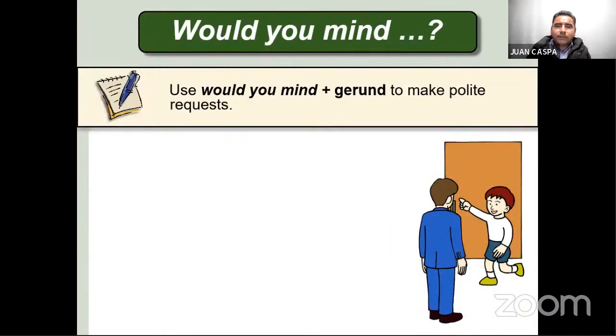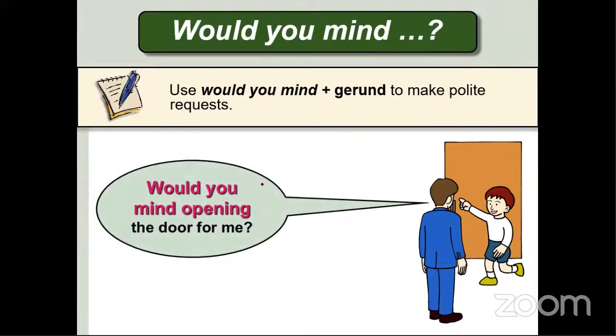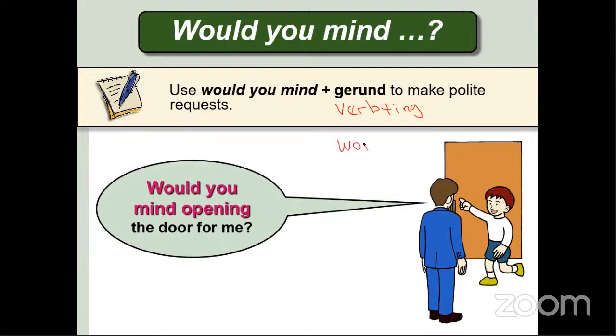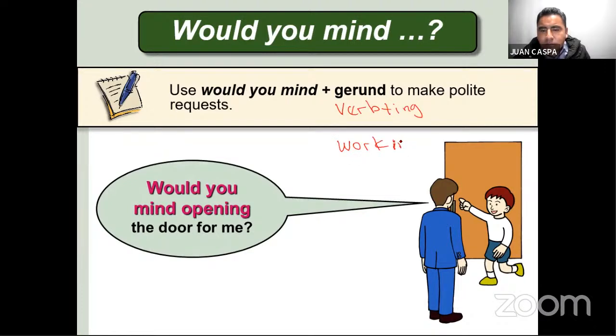Would you mind, right? Usually, would you mind is with gerund to make polite requests. Gerund? What does it mean, gerund? Gerund is this one. Let me write, please. Gerund is verb plus ing. For example, work with ing, right? Working.